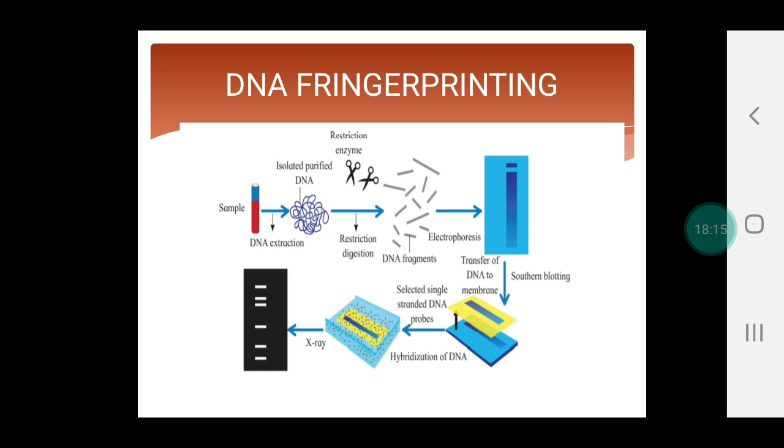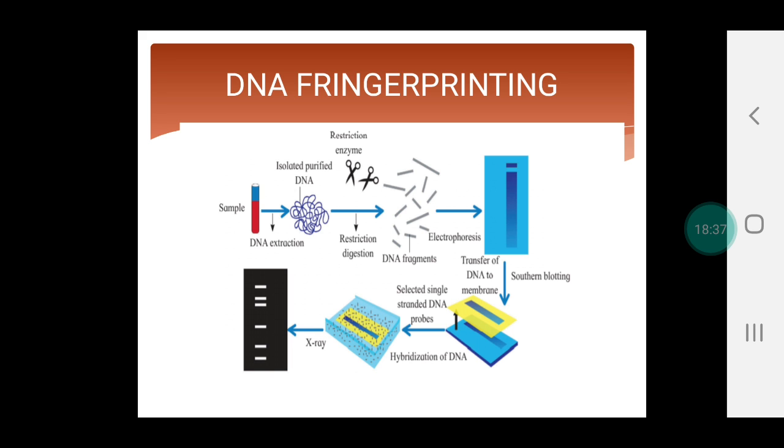Then these DNA fragments are further subjected to electrophoresis, where different bands are obtained, and then this is further subjected to the southern blotting technique, or you can say the DNA is transferred by the southern blotting method.